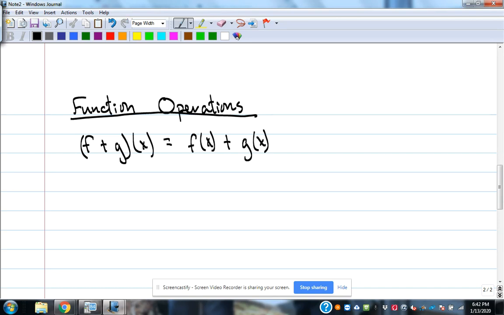It's just addition. And when you add things together, you put like terms together. Subtraction, it's the same idea. F minus g of x just means take the f of x function and subtract the entire g of x function from it.